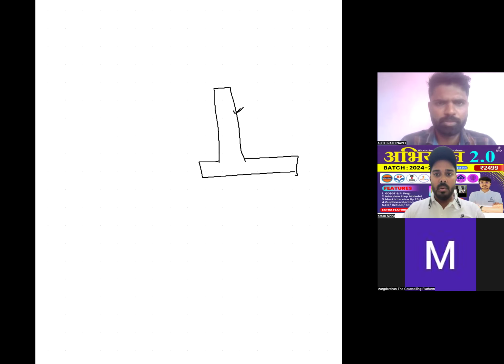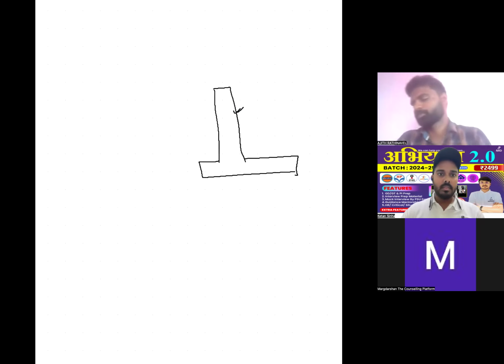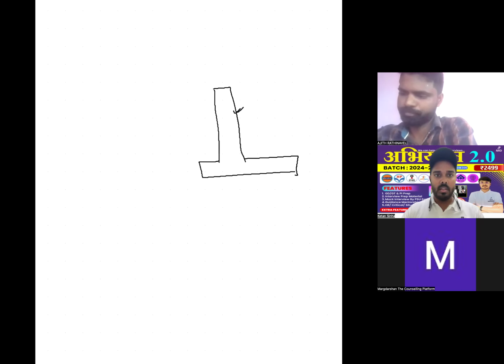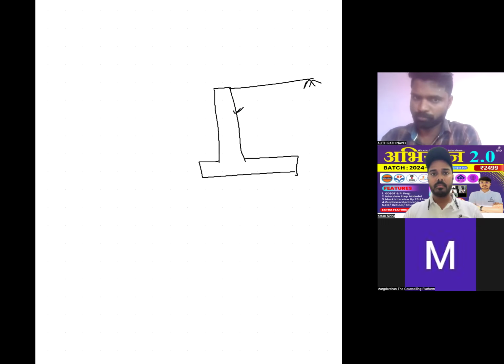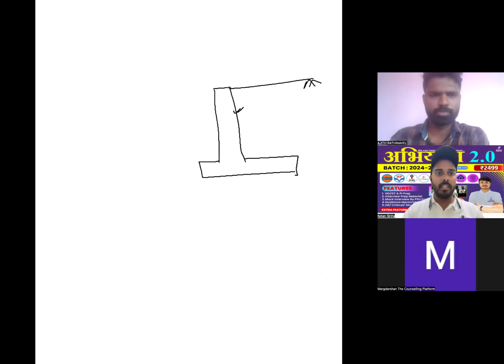Where will you provide the reinforcement? Can you show? Backfill is on this side of the wall. Just show the direction of the main reinforcement, AST maximum.